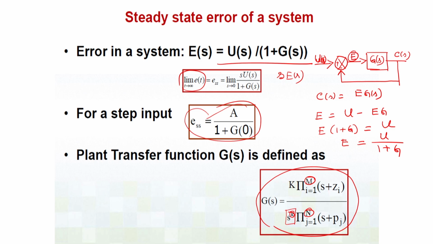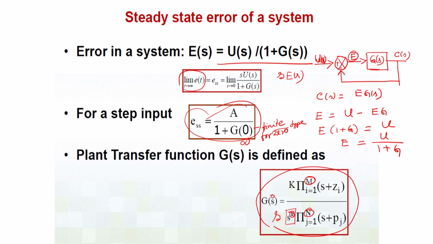G(0) will be finite for type 0. So, you are going to get some error in this system. But what if there is at least one pole here? As s tends to 0, G(0), when I try to find it out, would become infinity, and that means the error would become 0.